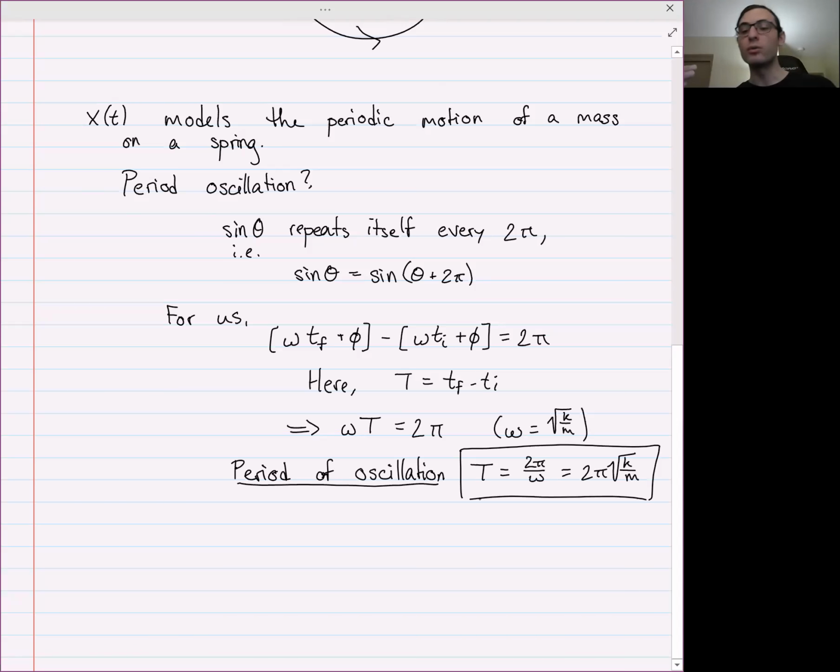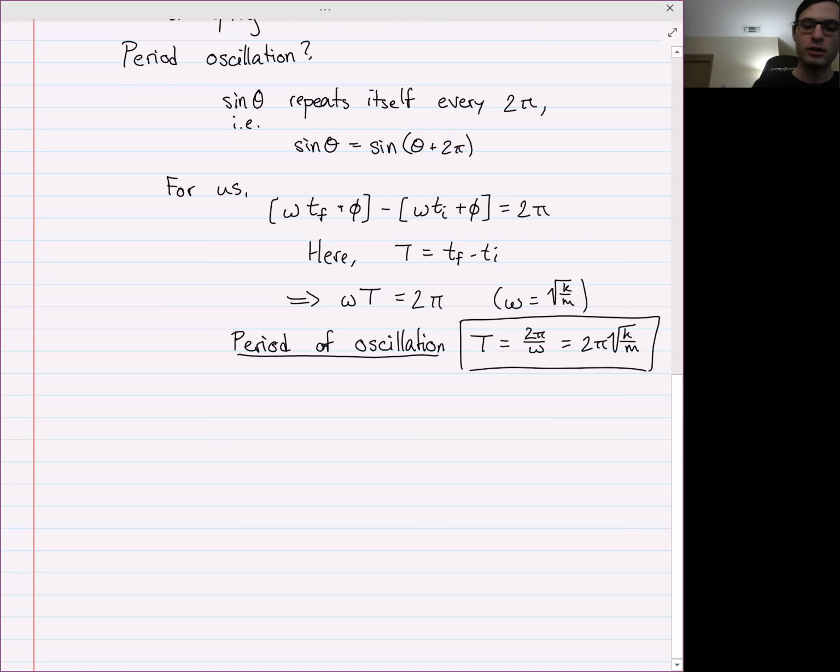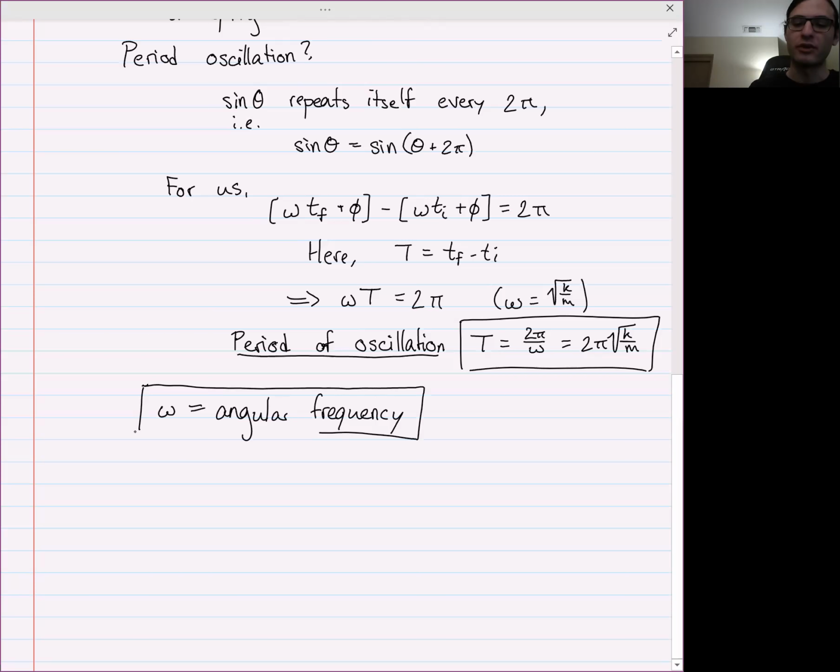So let me give it a name now. The name of the omega that shows up in an oscillating system is angular frequency. It's no longer angular velocity because it doesn't actually tell us how fast something moves. It tells us how fast something repeats itself, hence the use of the word frequency rather than velocity.